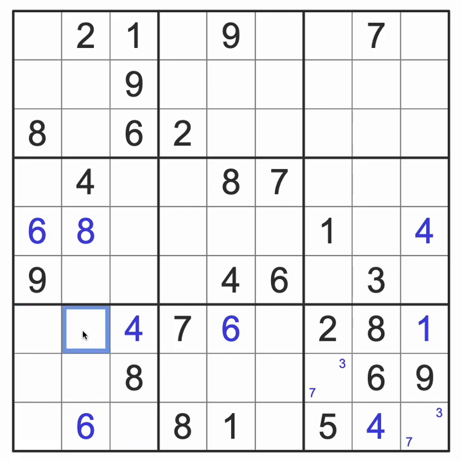That gives me 9 here, which blocks this cell. This 9 blocks here, so it gives me 9 here. Okay, so let's move on.